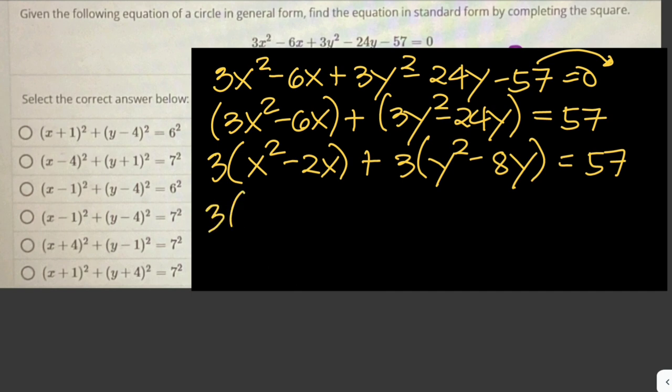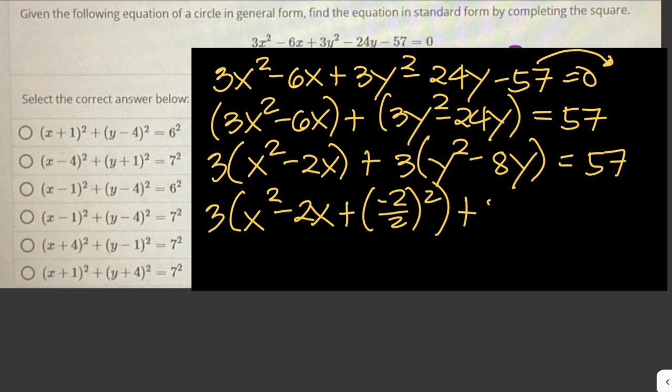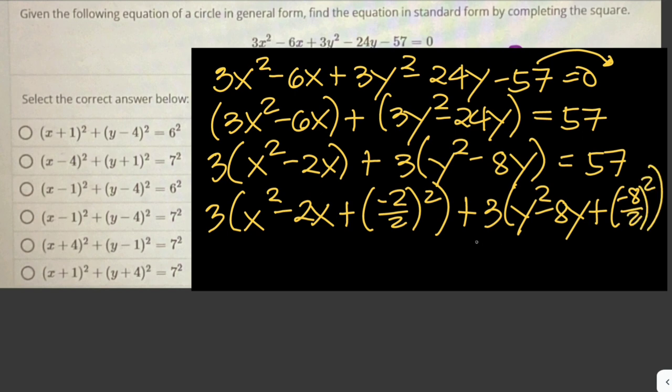Right, so we add to each expression the square of half of the coefficient of the middle term. So y squared minus 8y plus negative 8 over 2 squared equals 57. And then we simplify. This would be 3 times x squared minus 2x.